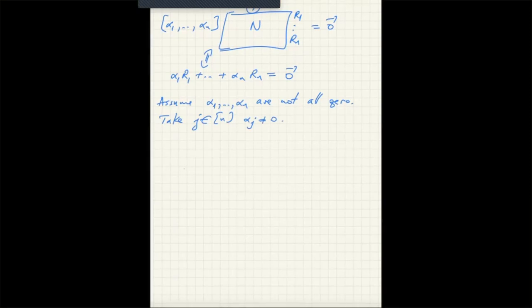So we have this vertex J. So alpha J multiplied by its row. So this is the row J, and you see from the top, you have a bunch of edges.